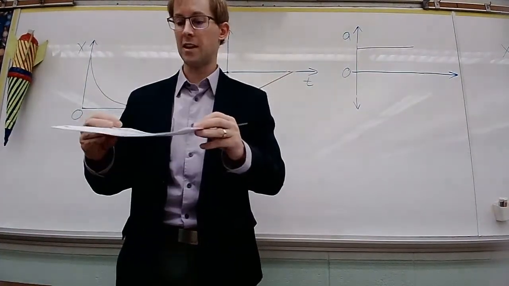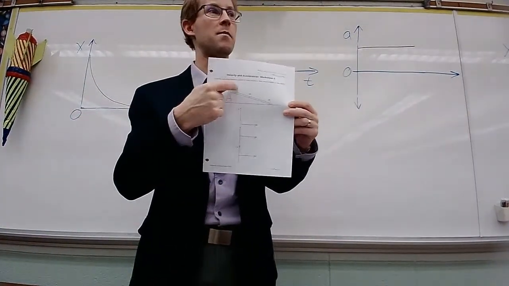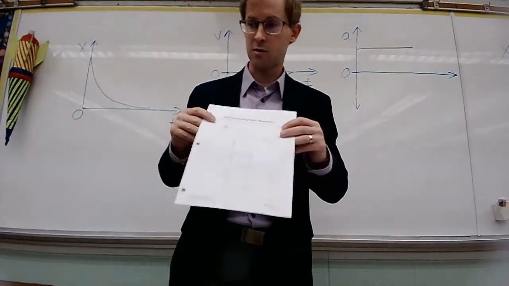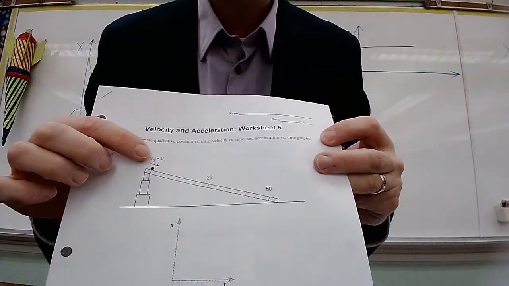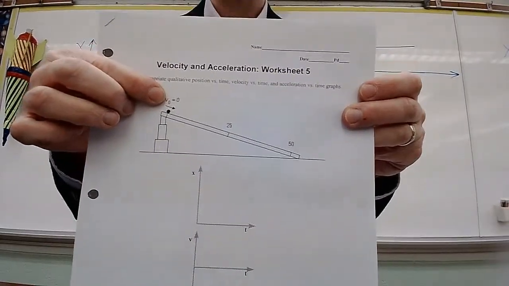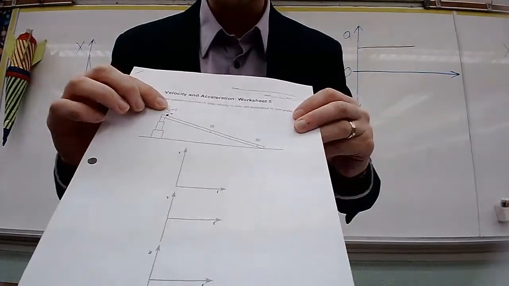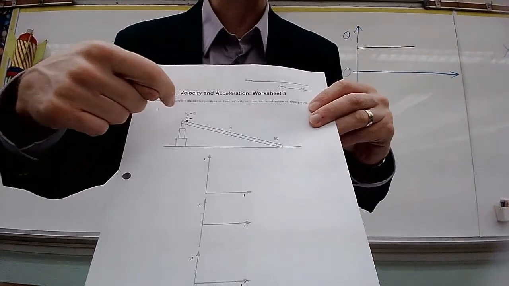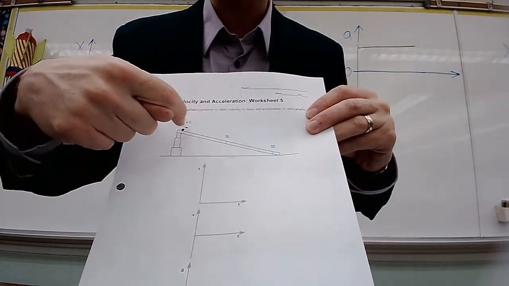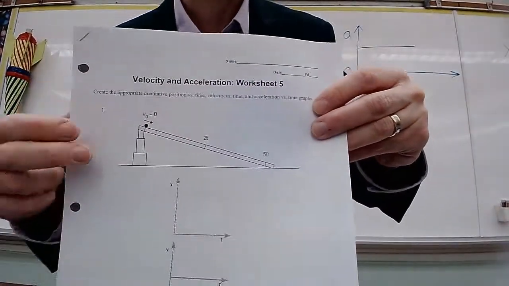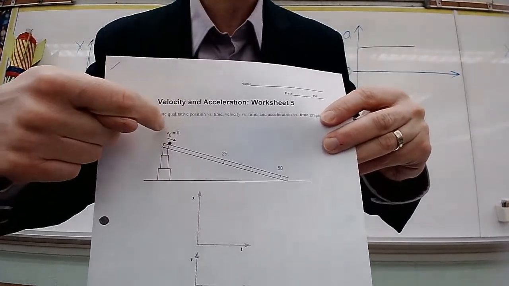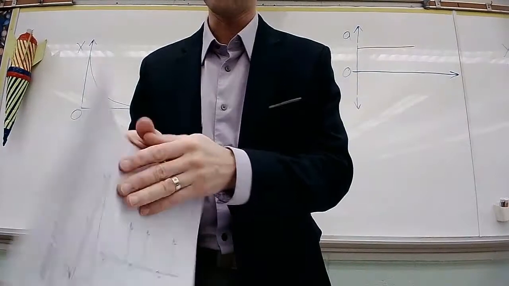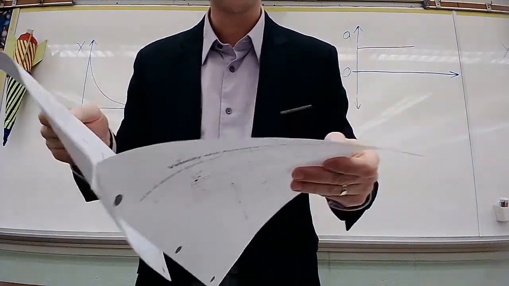Now, the only thing is, you got to pay attention to what's happening in the scenario. It specifically says whether or not the object begins from rest before it goes down the ramp, and it lists where the origin is. You can see it has 0, 25, and 50 on this picture. That means we're starting at the 0 point here, which would mean on this first example, you're starting at the origin.